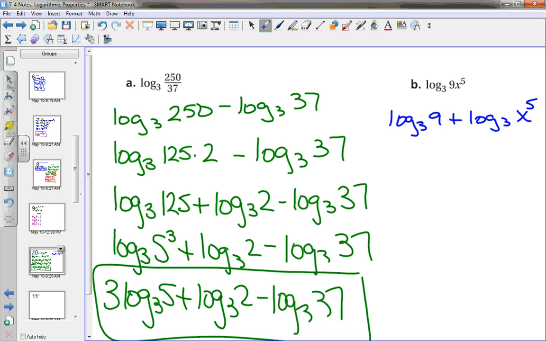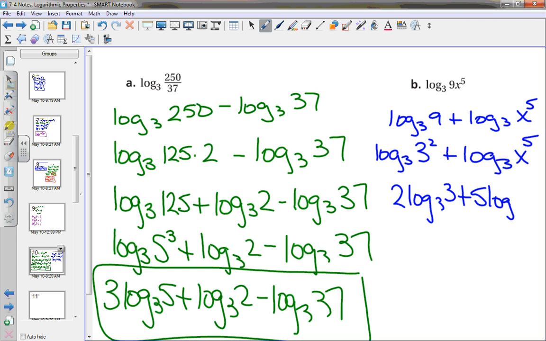What is the 9? 3 squared. So this is actually going to be log base 3 of 3 squared plus log base 3 of x to the 5th. Then what can I do with my powers now? Put them out in front. So that's going to be 2 log base 3 of 3 plus 5 log base 3 of x.